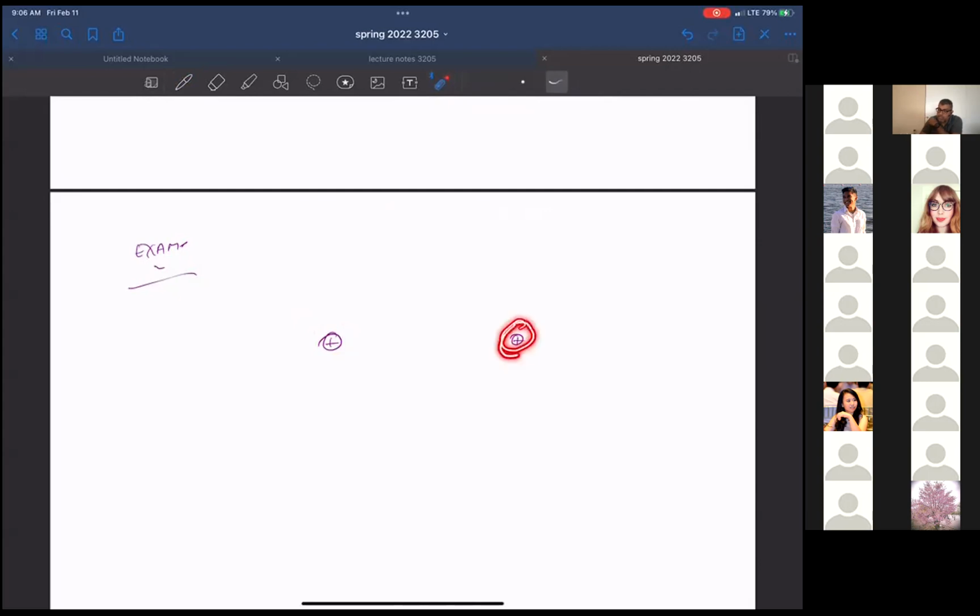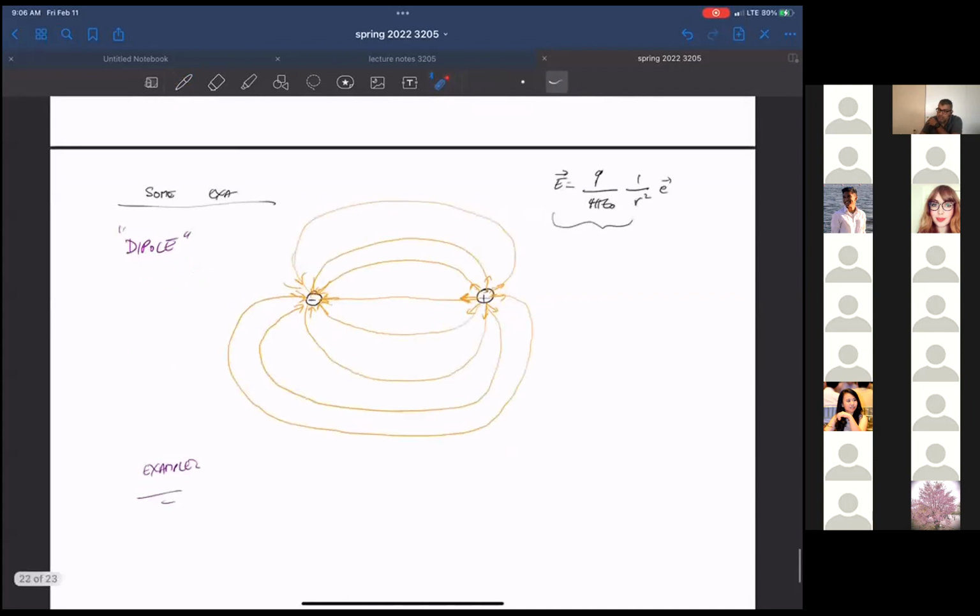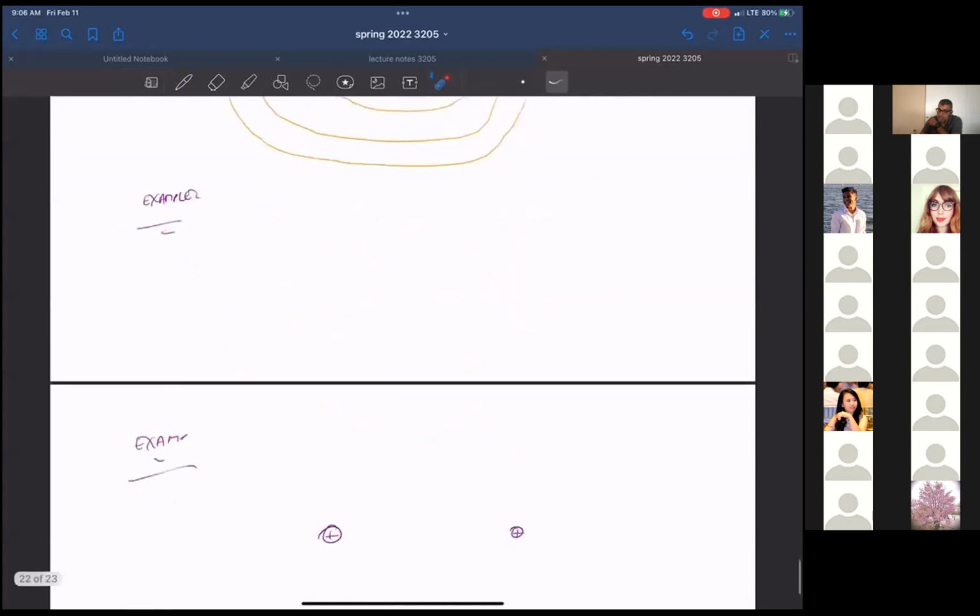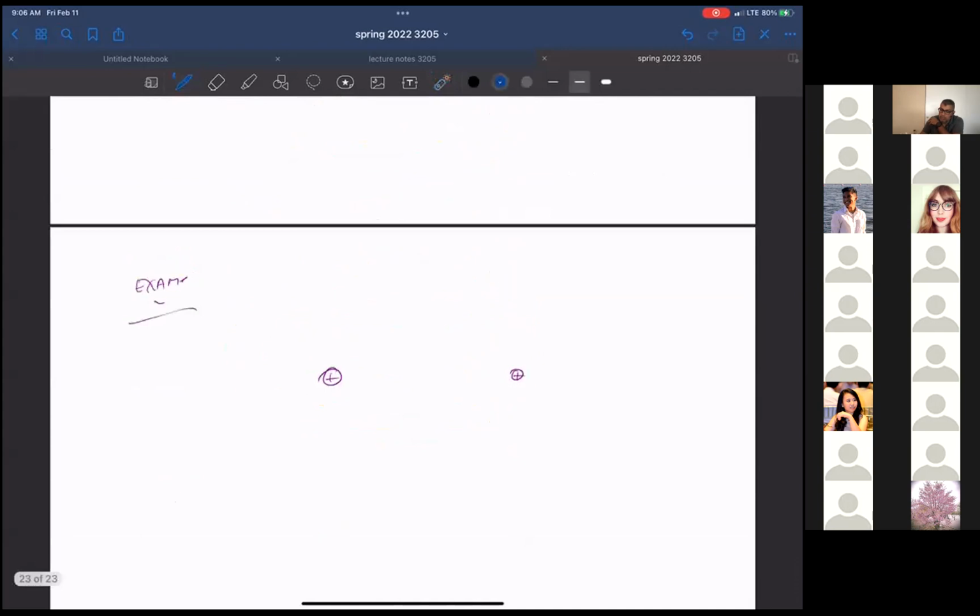But close to here, the vector for this guy is going to be huge. The vector for this guy is going to be tiny because of, again, this 1 over r squared effect. So I can pretty much assume that here, the electric field looks like that, radially away from it. And the same thing goes for this guy, close to here, going away.